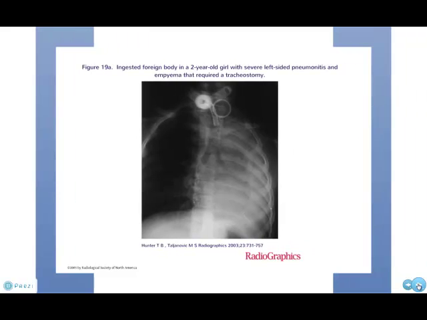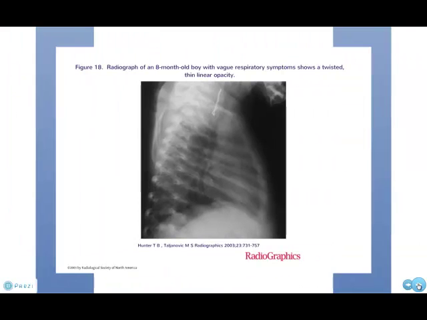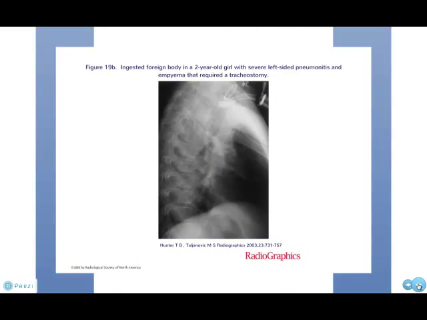Here is an ingested foreign body in a 2-year-old girl with left-sided pneumonitis and empyema that required a tracheostomy. Here's a radiograph of an 8-month-old boy with vague respiratory symptoms, showing a thin linear opacity in his trachea. Again, just another foreign body, and you can scroll through the rest of the slides.